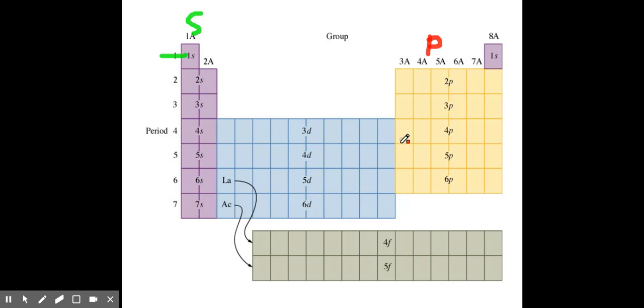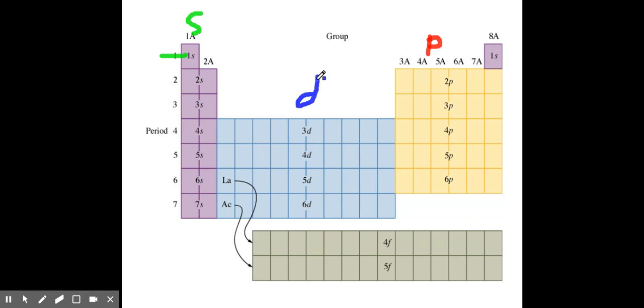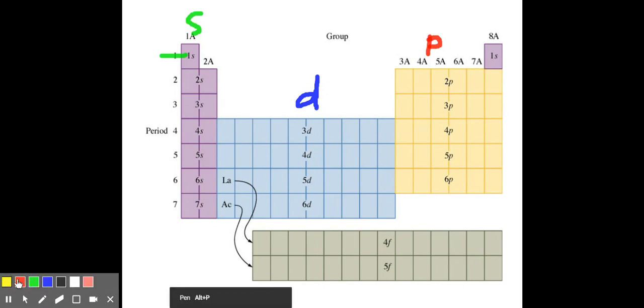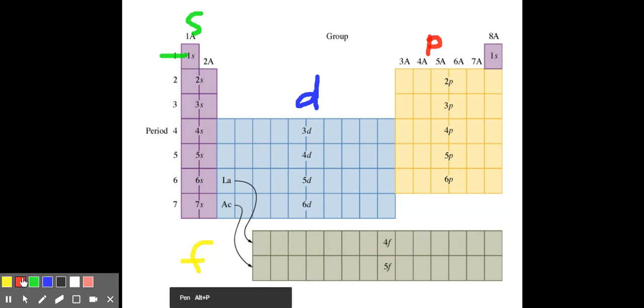These 6 groups, and then this will be the D block. These 10 groups right here. And then this will be the F block down here. These 14 groups down here. Okay, very nice, very convenient.